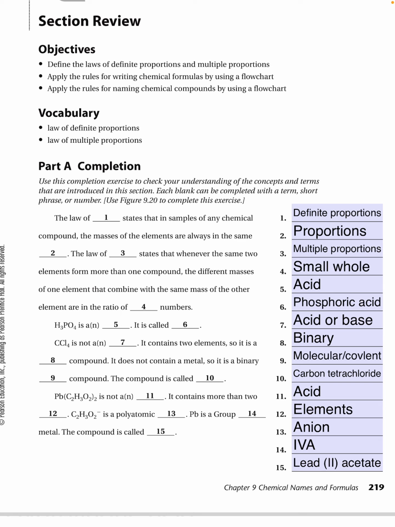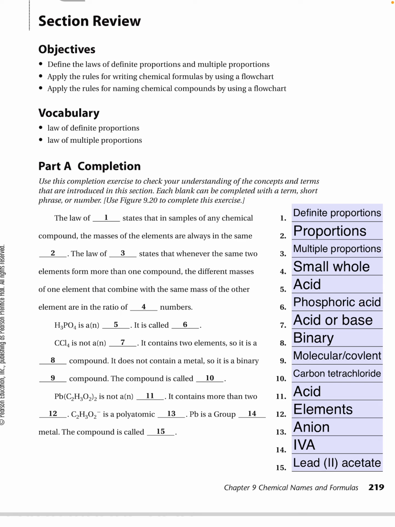So 2 is proportions. The law of multiple proportions, that would be 3, multiple proportions, states that whenever the same 2 elements form more than one compound, the different masses of one element that combine with the same mass of the other element are in the ratio of small whole numbers.